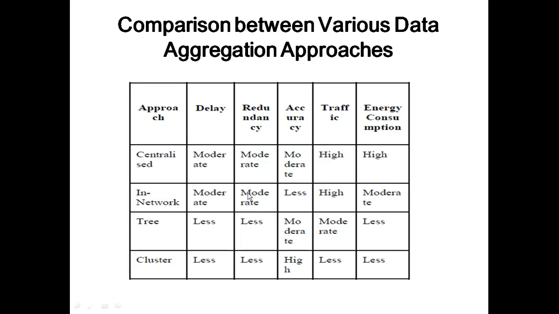Now, why the accuracy is very low, I must tell you: we can either reduce the size of the packet or not reduce it, and if we are not reducing the size of the packet, the accuracy will remain very low. The traffic is high. The energy consumption here is moderate, because if we follow the in-network size reduction method, then yes, the energy consumption can be reduced.